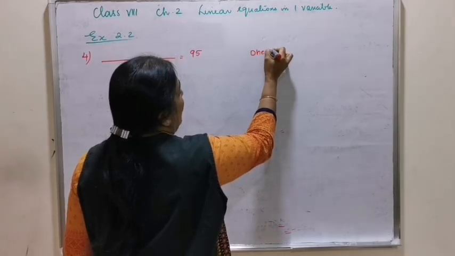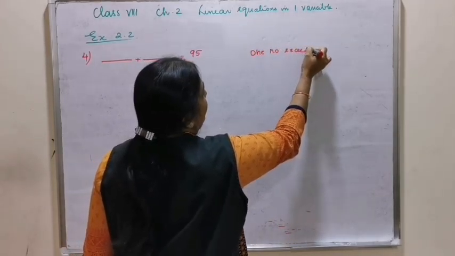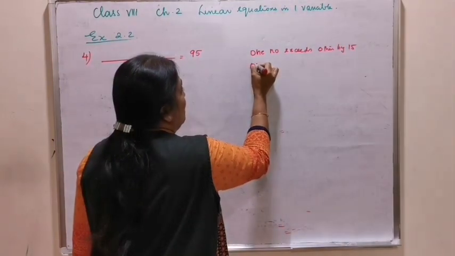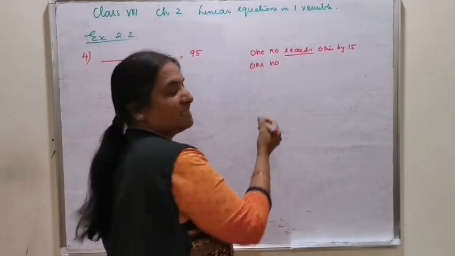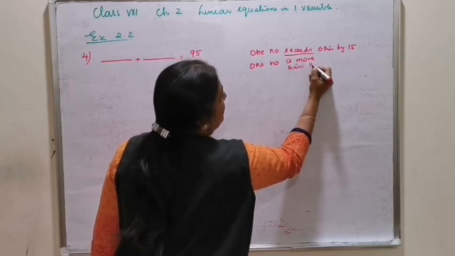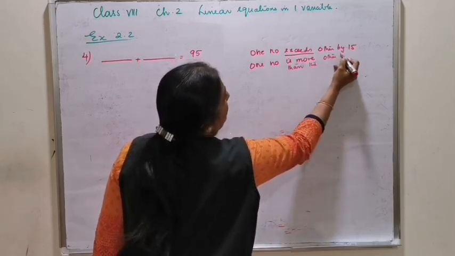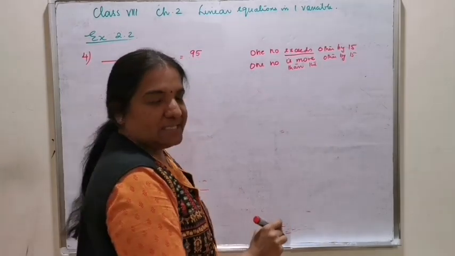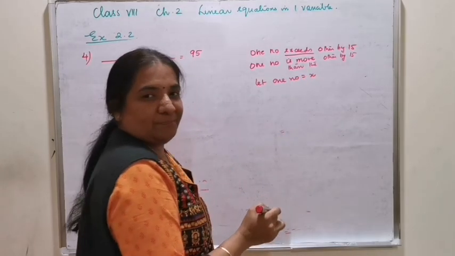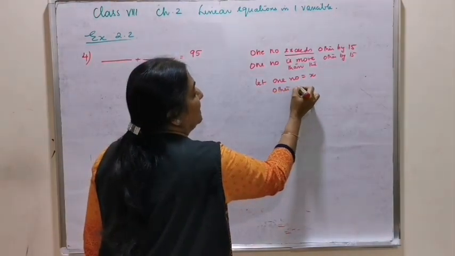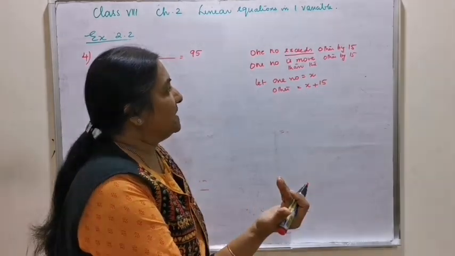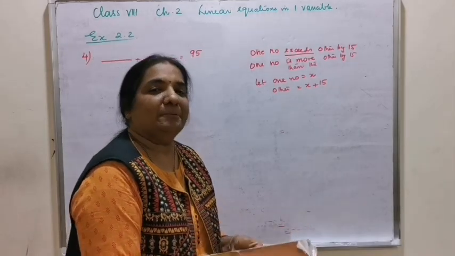The meaning of exceeds is more than the other number by 15. That means let one number be x. What will be the other number? It is x plus 15.